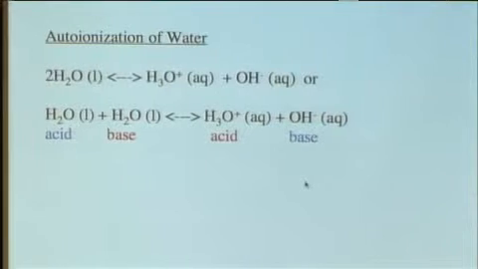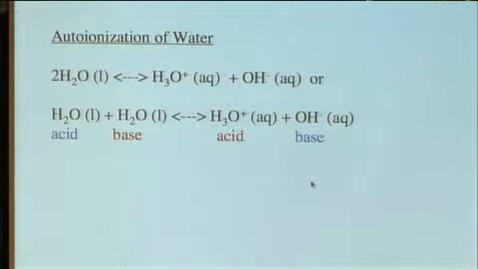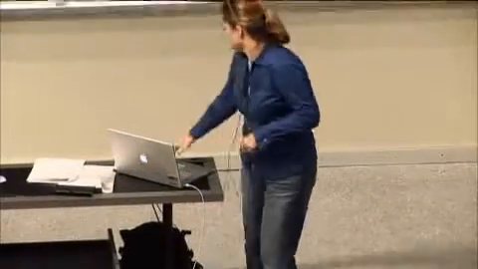Then you can ask the question, how much hydronium ion and how much hydroxide ion are in a typical glass of water? How much H2O is in a glass of water?